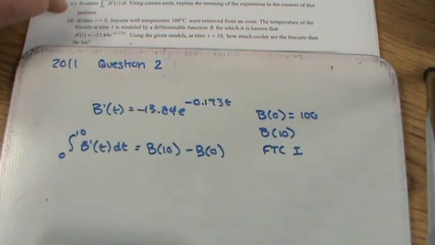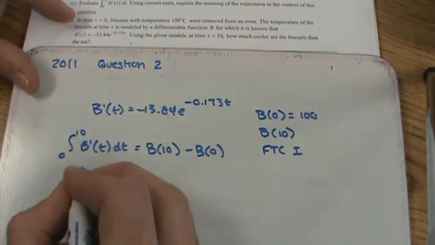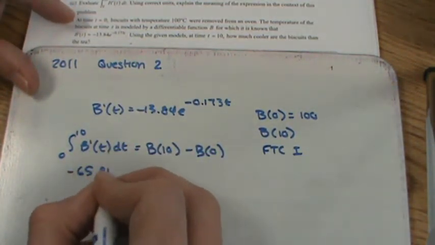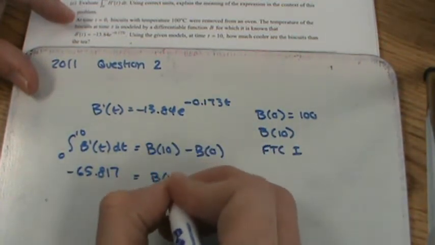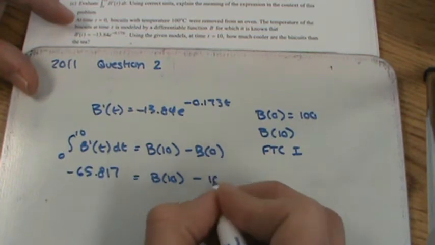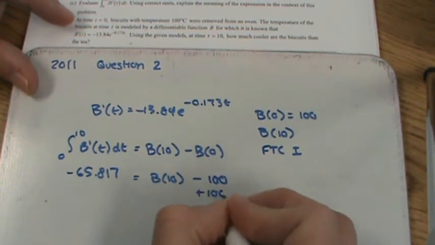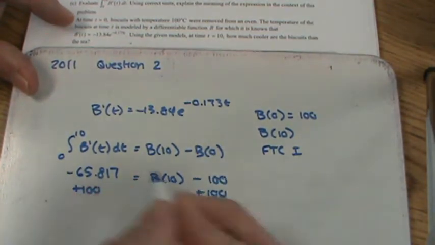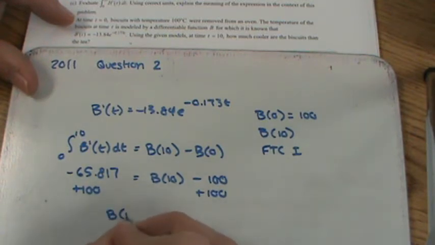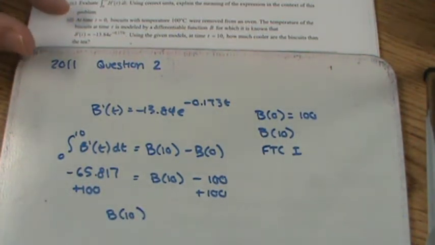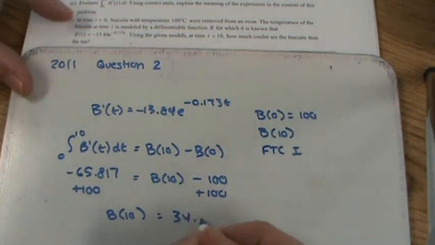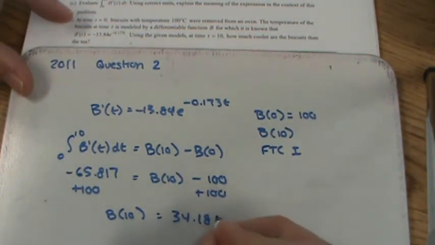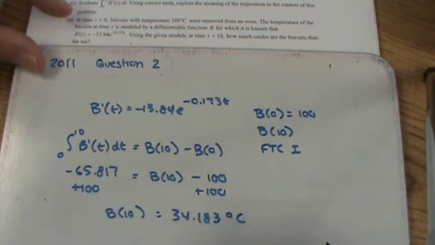All right, and we get negative 65.817. All right, b of 10 is what we're looking for. B of 0, we already said was 100, so all we have to do is add 100 over there. All right, and we get b of 10 is 34.183 degrees Celsius. That's the temperature of the biscuits at time t equals 10.